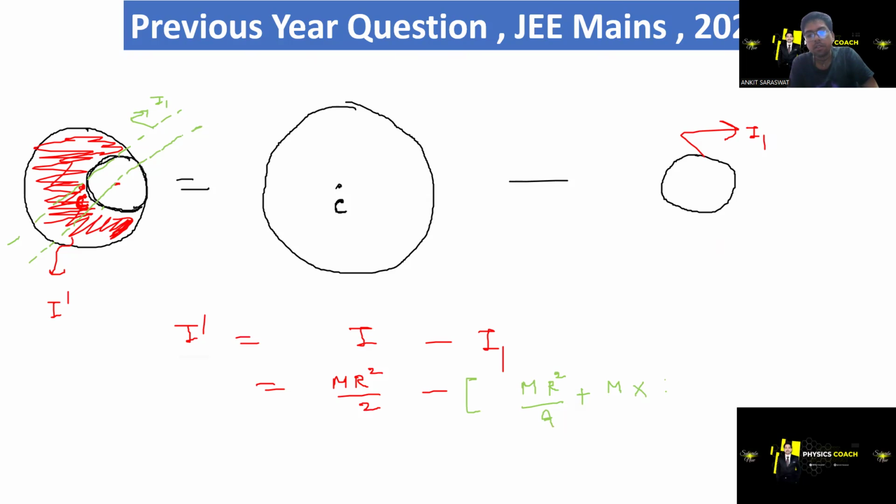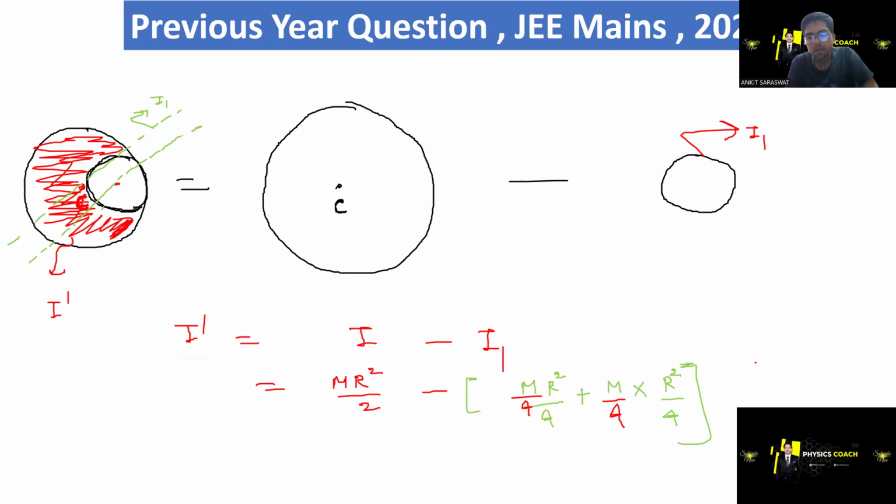How much distance? r square by. Now, one bigger mistake I did. What big mistake did I do? Just tell me. This mass is not m. It is m by 4.